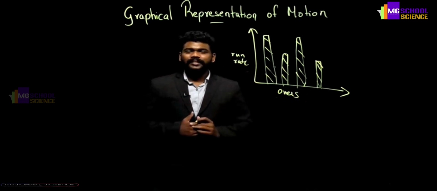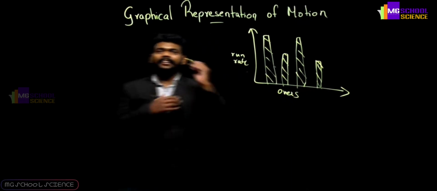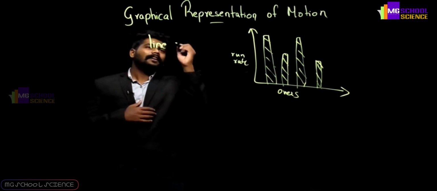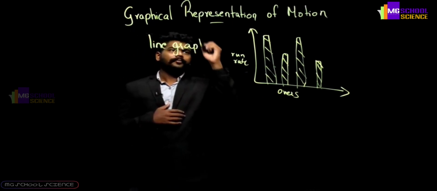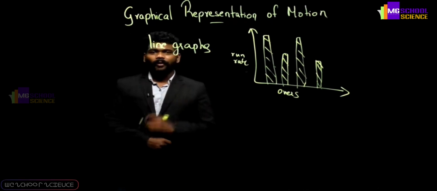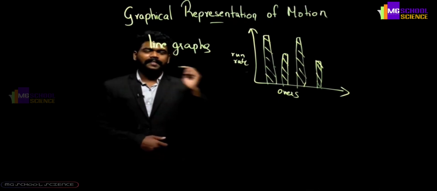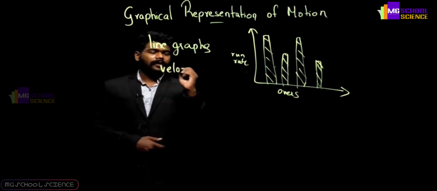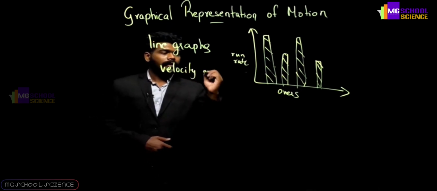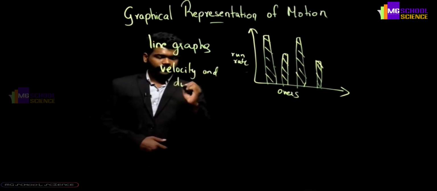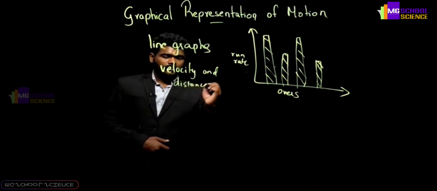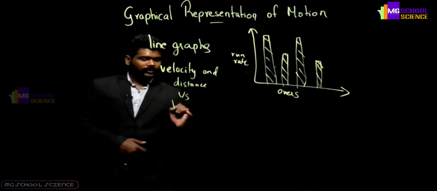Now, in motion, we represent data in terms of line graphs, which depend upon certain physical quantities such as velocity and distance with respect to time.